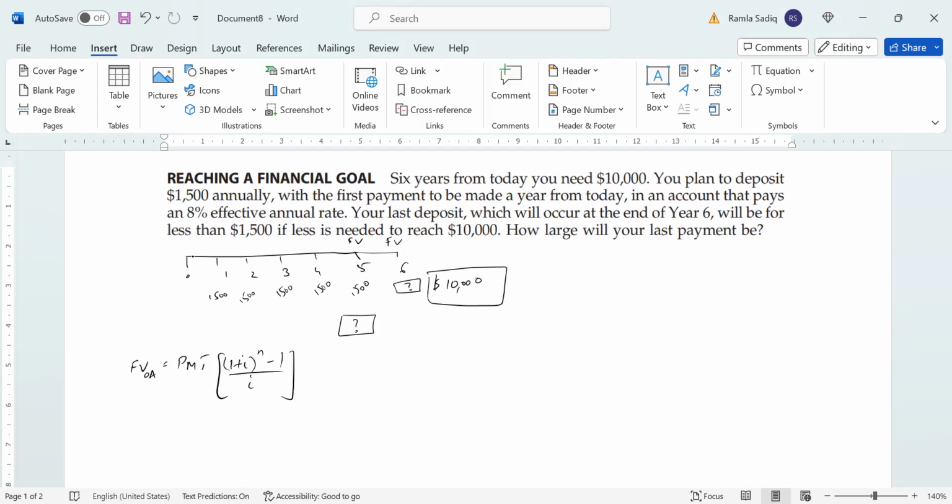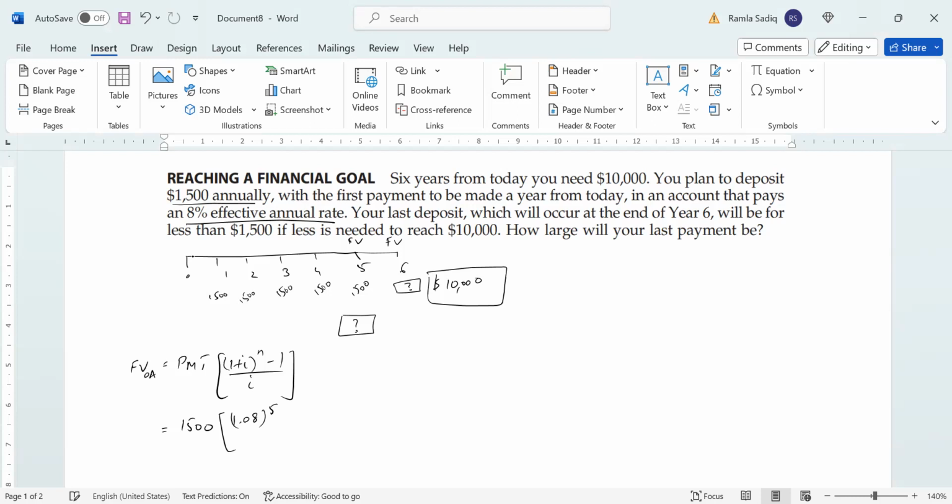The PMT in this particular case is $1,500 because this is the amount of money that you're going to be depositing annually. So 1,500 and 1 plus I is based on the effective annual rate. That's 8% effective annual rate, so 1.08. Because we are looking at it at the end of the 5th year, we're going to use n as 5, minus 1, divided by 0.08.